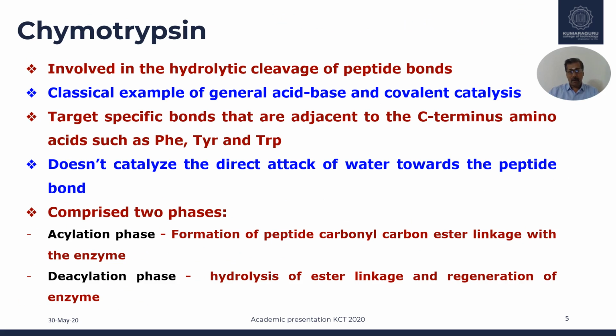What is the role of chymotrypsin? It is involved in hydrolytic cleavage of peptide bonds or amide bonds. Chymotrypsin is a classical example for covalent as well as general acid-base catalysis. General acid-base means either HCl or H2SO4 or any other simple organic molecule can act as an acid or base catalyst.